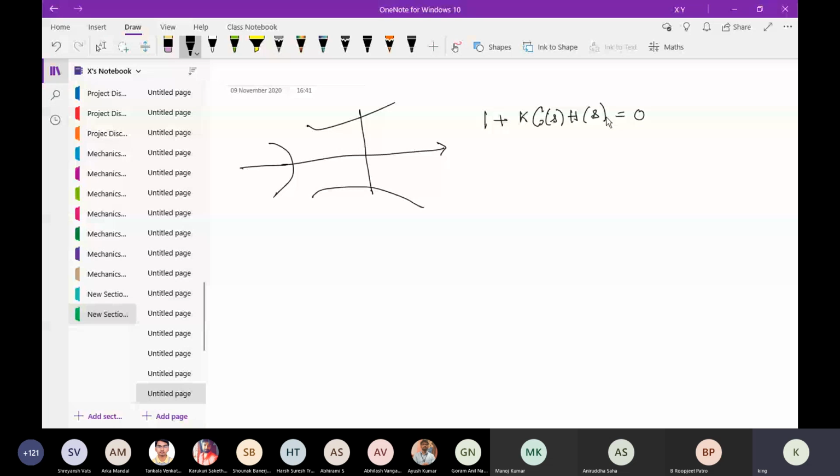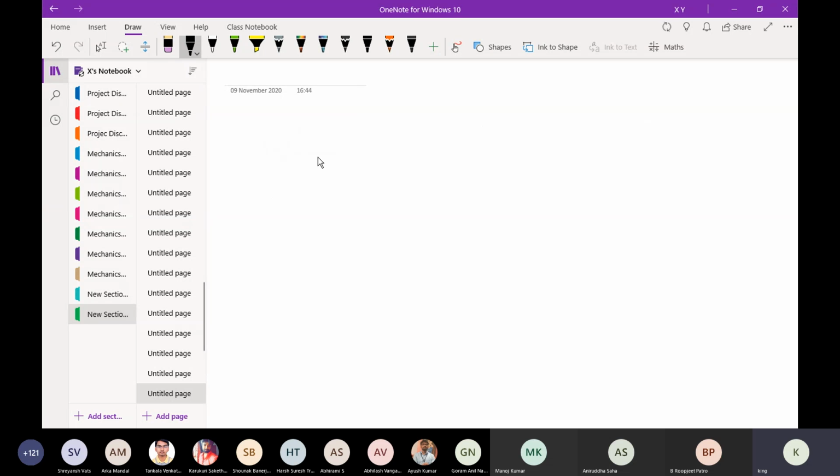So let me now give an example of a reasonably simple root locus and the application of these rules. We are dealing with GSHS and I'll give it to you in a factored form.